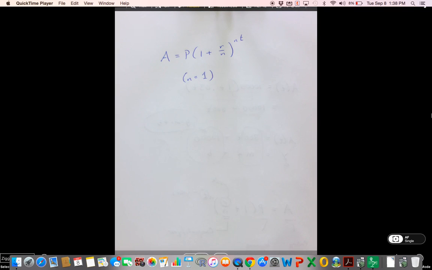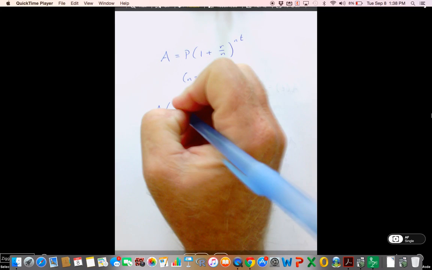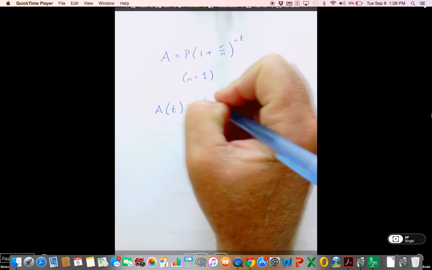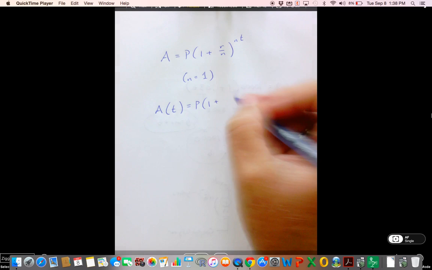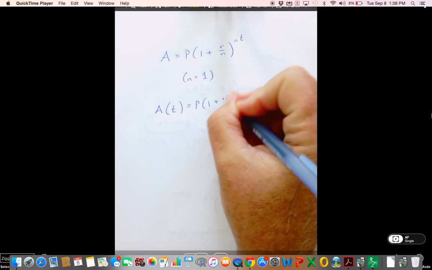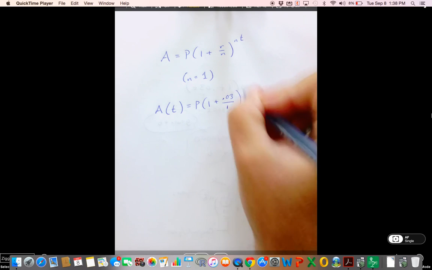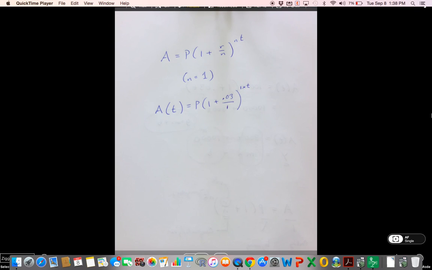becomes n equal 1, and let's go back to the interest rate being 3% as before. Becomes this.